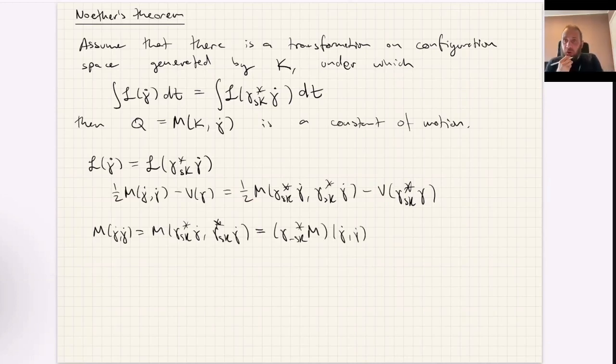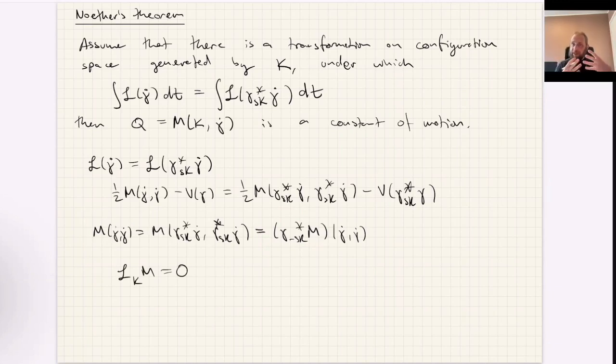And this should be true for all gamma dots, for all curves. But this is only true for all curves if this tensor m is equal to the pullback of m. That's only true if the Lie derivative of m is 0. So I get that the Lie derivative of m is 0.